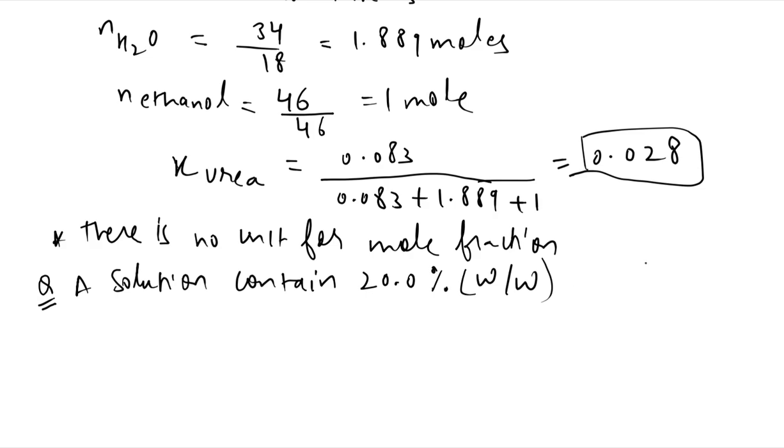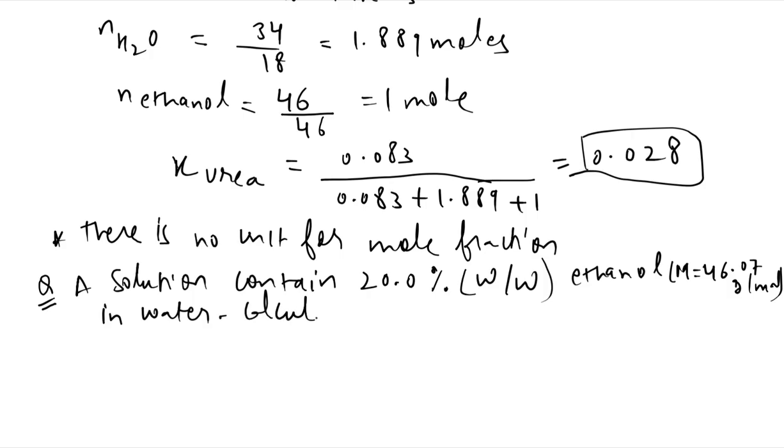Weight by weight, ethanol, with the molar mass. Here the exact molar mass is given, 46.07 grams per mole, in water. So it's just a two component system.